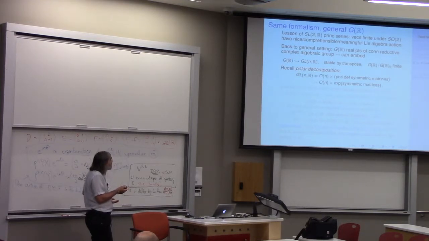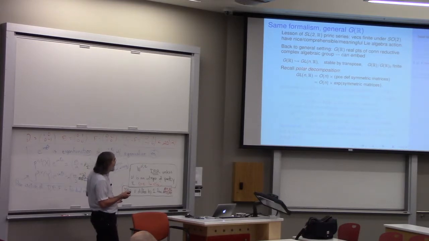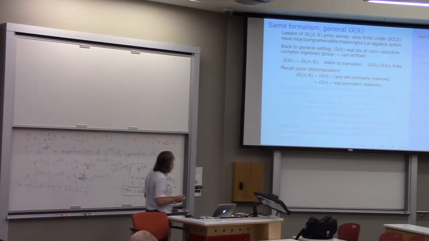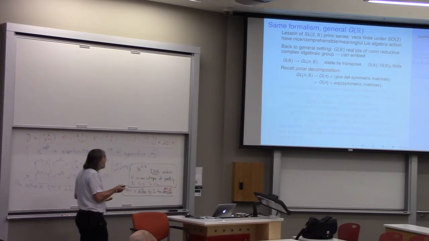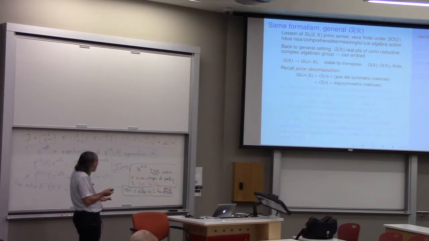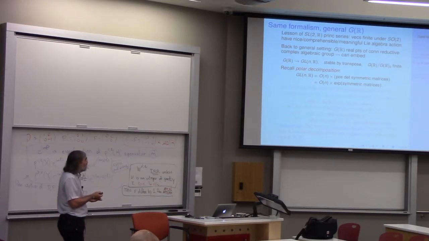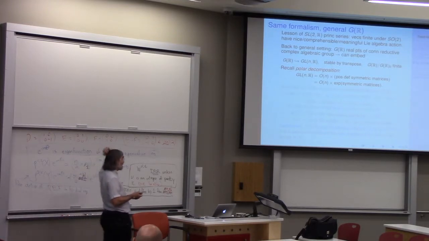You can put the group inside matrices, and you can make it stable by transpose of matrices. So GLN, one of the most important facts about GLN is the polar decomposition, that any invertible matrix can be written uniquely as an orthogonal matrix times a positive definite symmetric matrix.